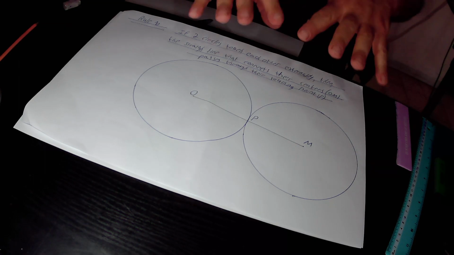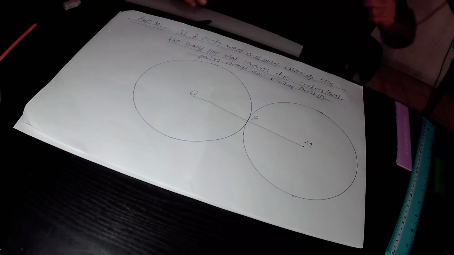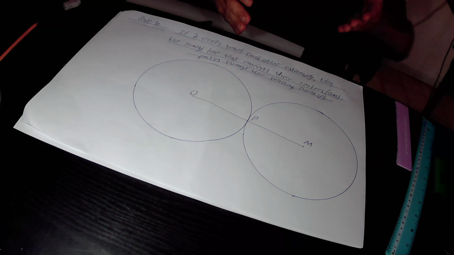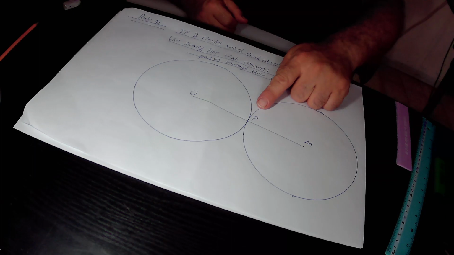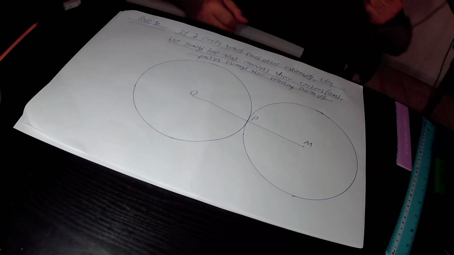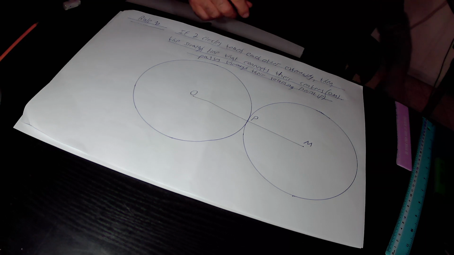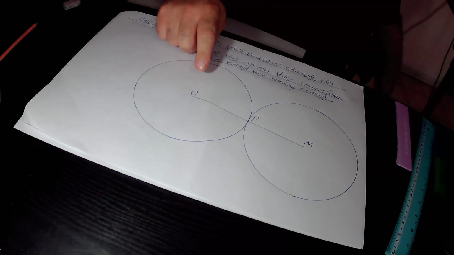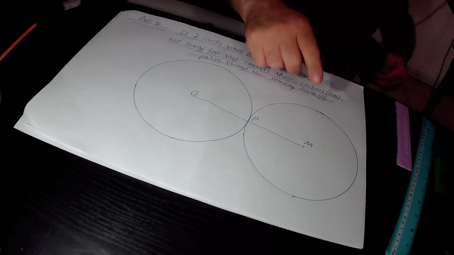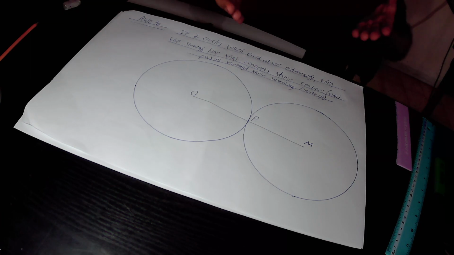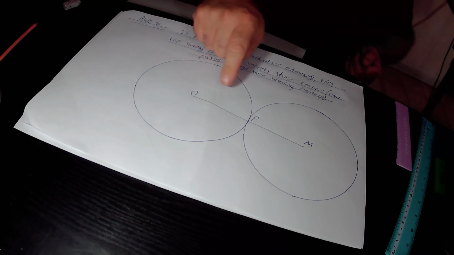So in the drawing, you have those two circles, and they touch each other externally at this point P. The center of this circle is here at point O. The center of this circle is here at point M. And the straight line that connects their centers is, of course, the straight line OM.